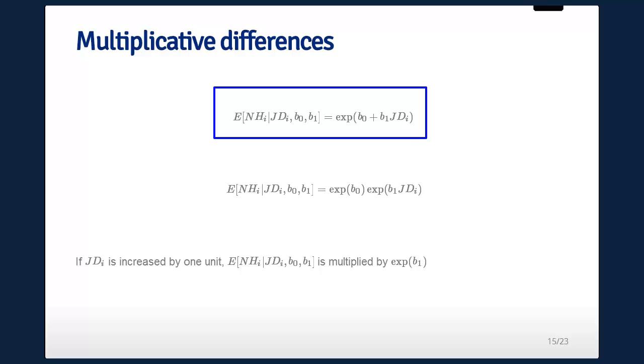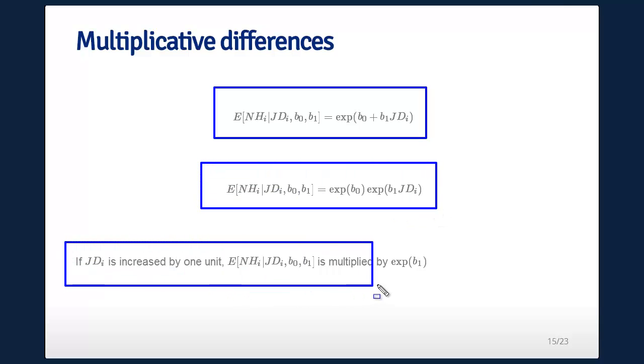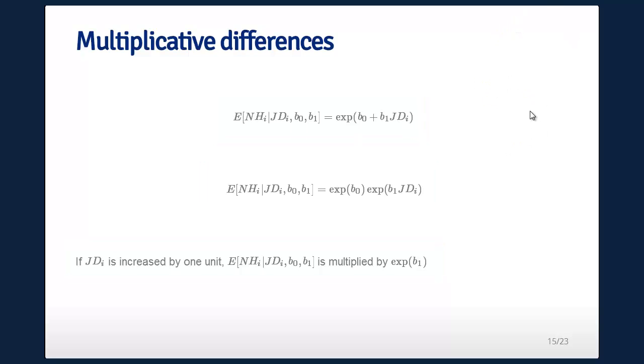And then we can, of course, pull out the e to the beta naught, and then that is just reiterating that if the Julian date is increased by 1 unit, then the expected value is multiplied by e to the beta 1. So e to the beta 1 is the relative increase or decrease in expected web traffic per 1 day increase.